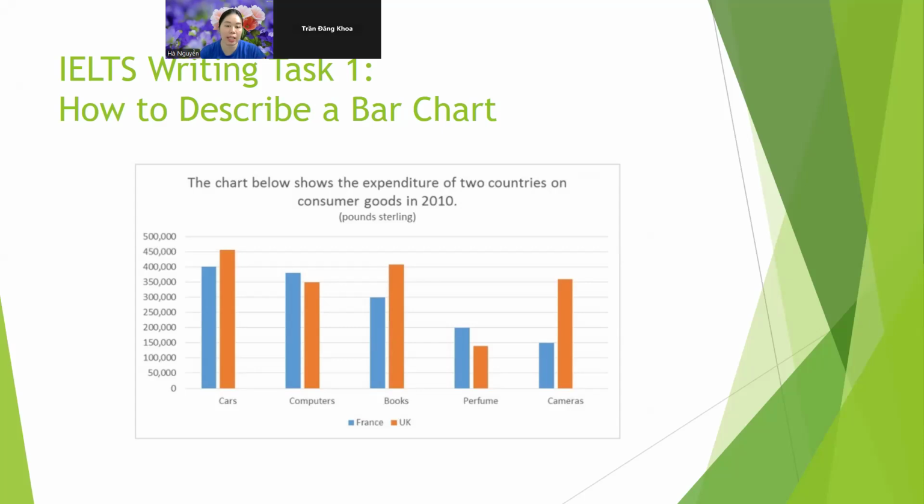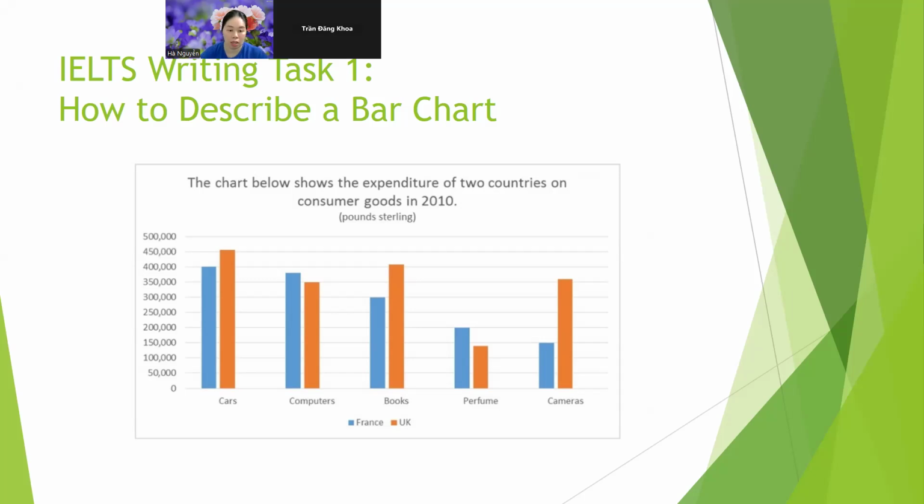Now just have a look at chart with no change, time change, and chart with time change, okay? So firstly, have a look at this chart. Tell me, what does it show? It shows the expenditures of two countries on consumer goods in 2010. Okay. So what are the consumer goods?